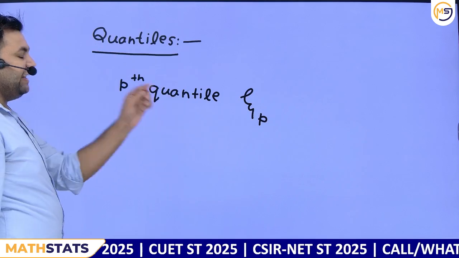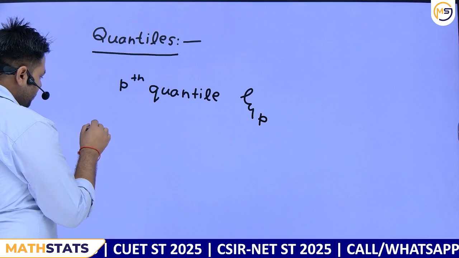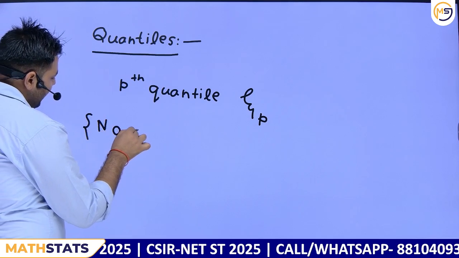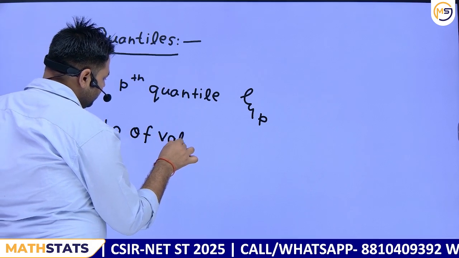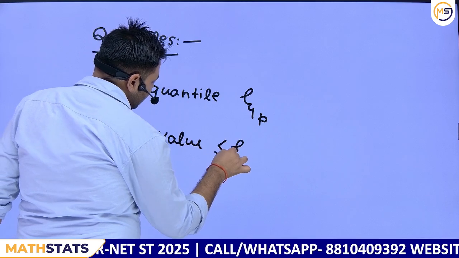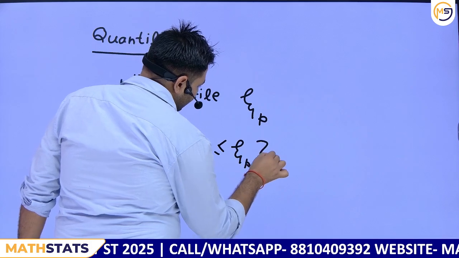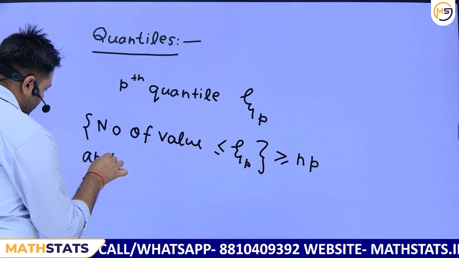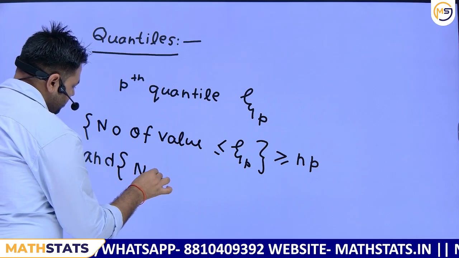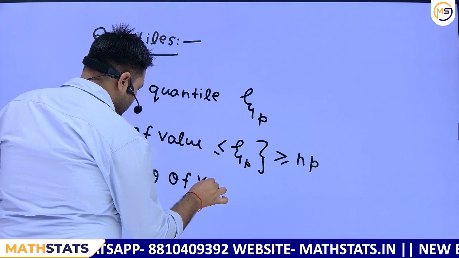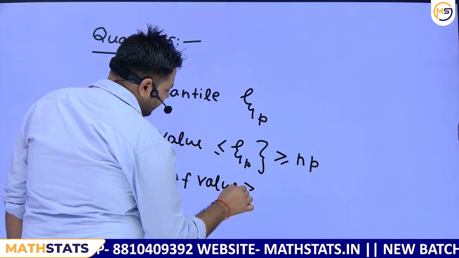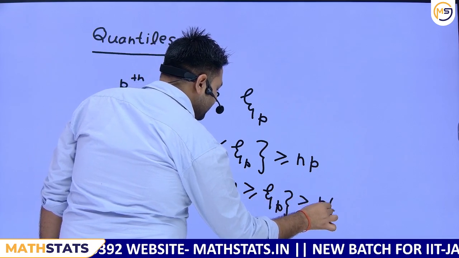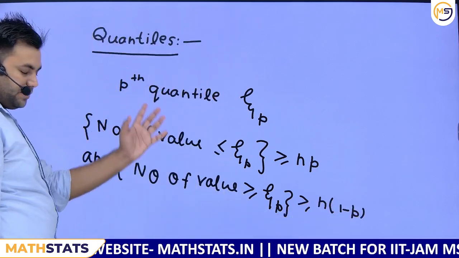This is equal to: the number of values less than xi of p is greater than or equal to np, and also the number of values greater than xi of p is greater than or equal to n(1 minus p). So this is the definition of the pth quantile.